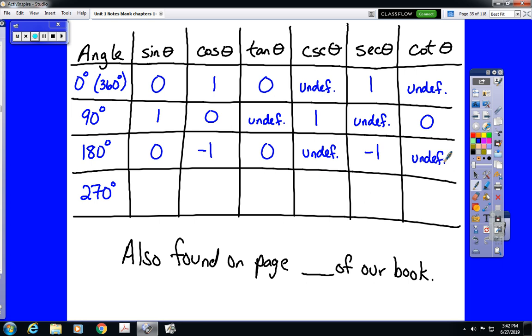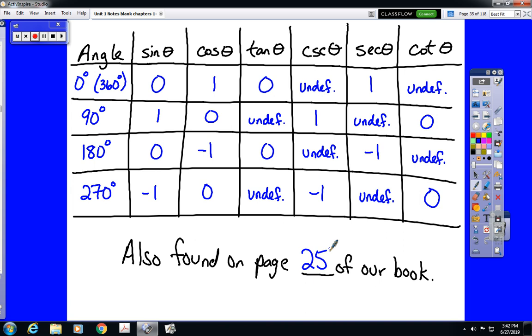For 270 degrees, sine is negative 1, cosine is 0, tangent is undefined, cosecant is negative 1, secant is undefined, and cotangent is 0. Now this same reference item is found on page 25 in your textbook.